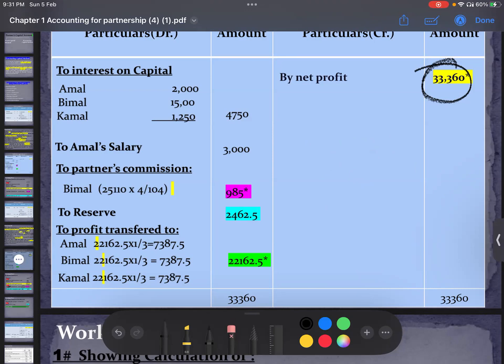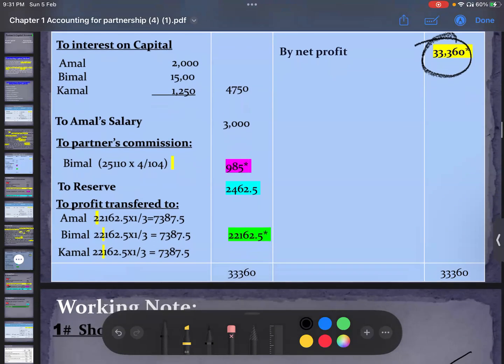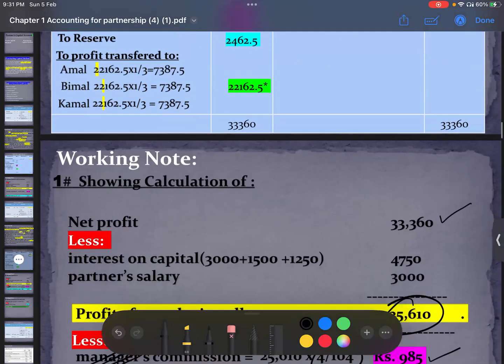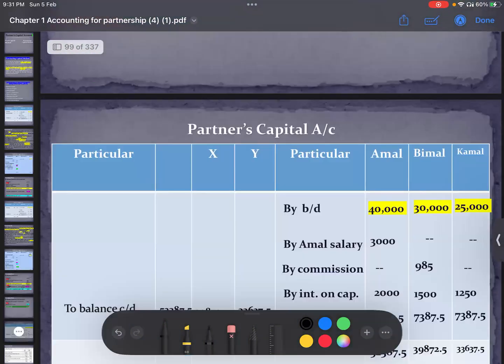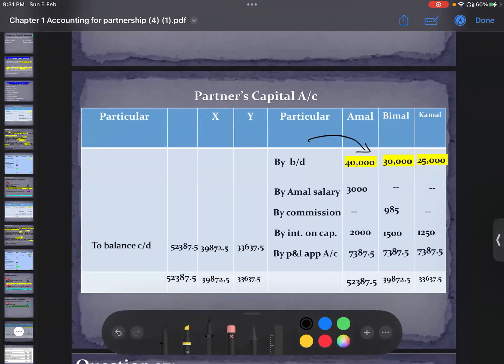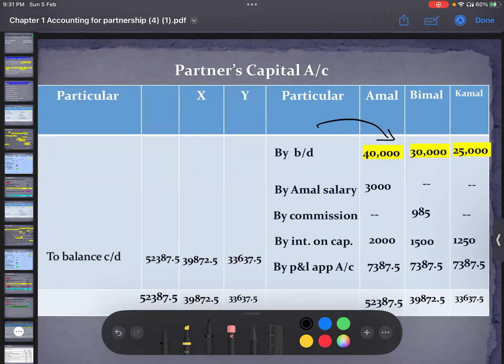So this way we'll be able to finish the P&L appropriation. Now we need to prepare the partners' capital account as well. We'll start the partners' capital account by writing the capital balance, which is given in the question. Opening capital balance given in the question is 40,000, 30,000, and 25,000. Right? Then, since Amal is going to get the salary, we'll credit the Amal salary into his account, and commission.